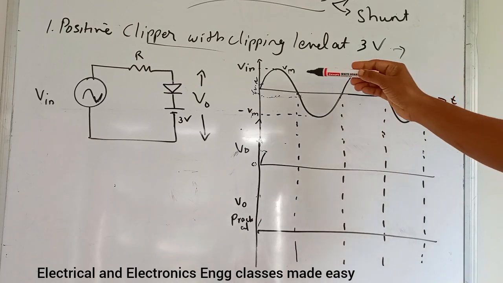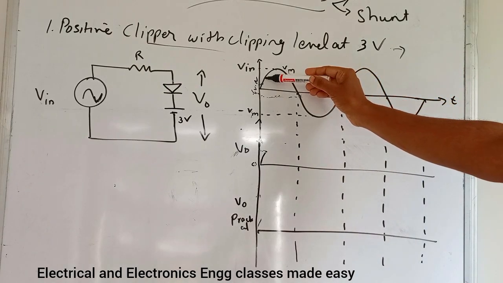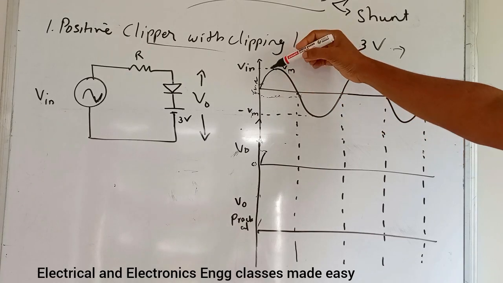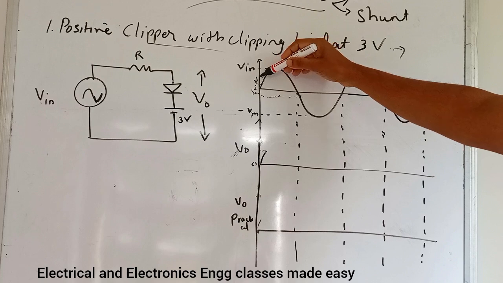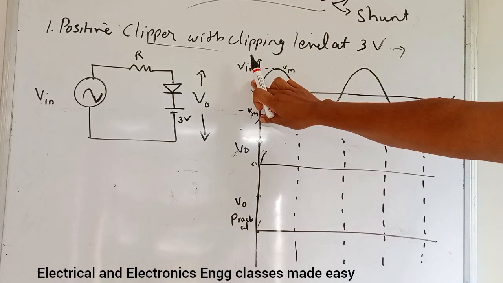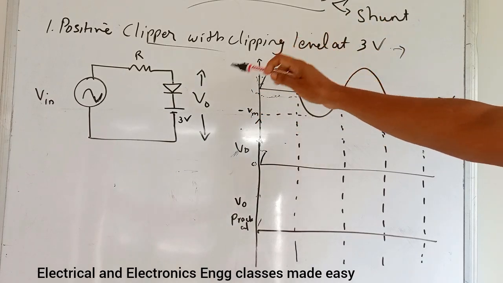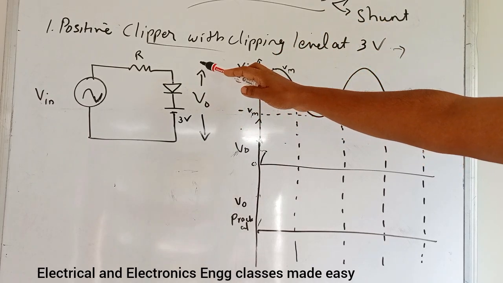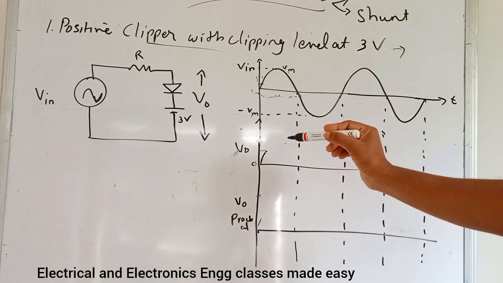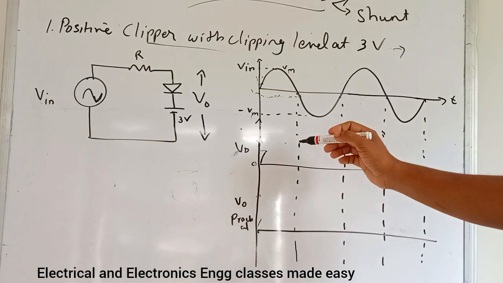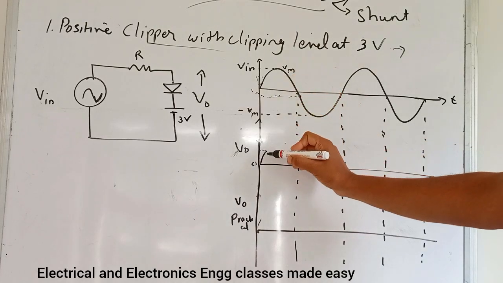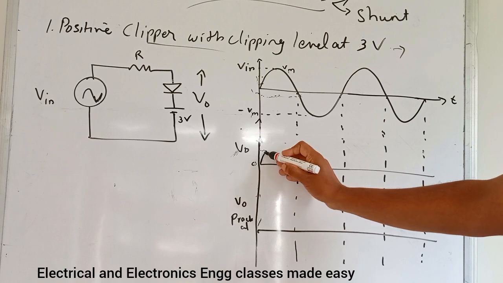So here, till the input becomes greater than 3 volt, let this be the 3 volt, till 3 volt, the diode will be in the reverse biased condition, and hence we will get the output. That is, we will get the input at the output up to this 3 volt.